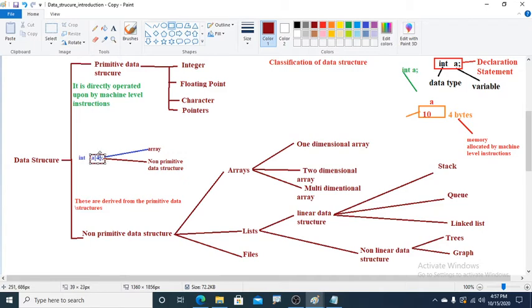We are deriving from primitive data structure. So int is a primitive data structure. All of you know it. Previously we explained it.